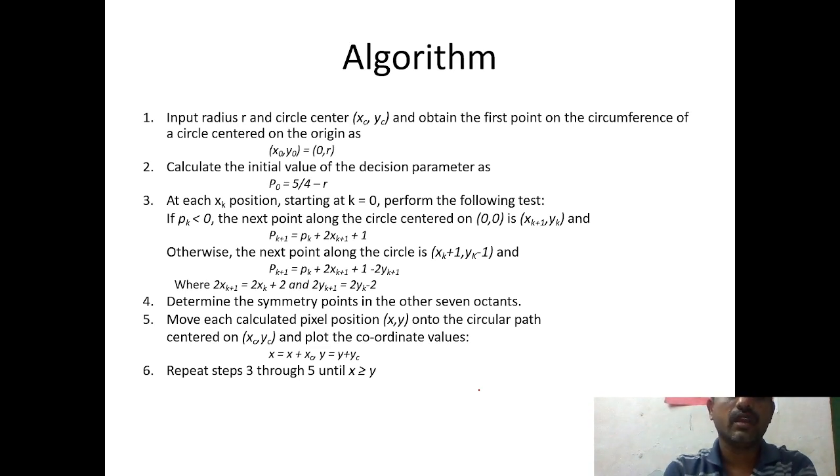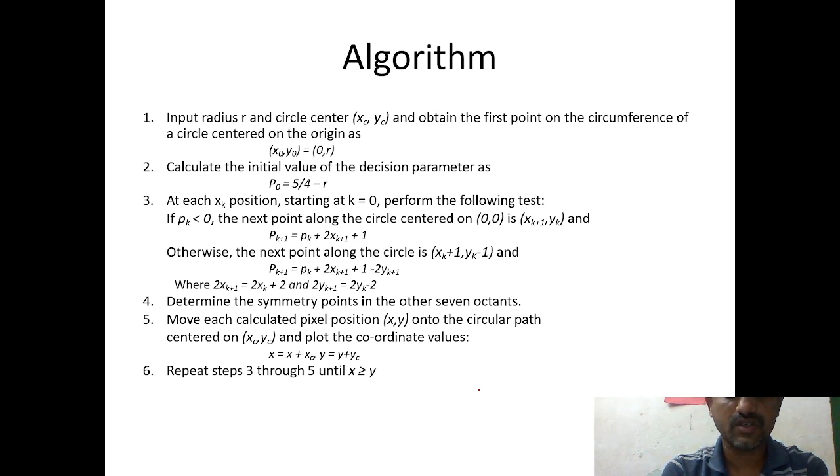Algorithm: input radius r and circle center xc comma yc, and obtain the first point on the circumference of a circle centered on the origin as x0 comma y0 equal to 0 comma r. Calculate the initial value of the decision parameter as p0 equal to 5 by 4 minus r. At each xk position, starting at k equal to 0, perform the following test.